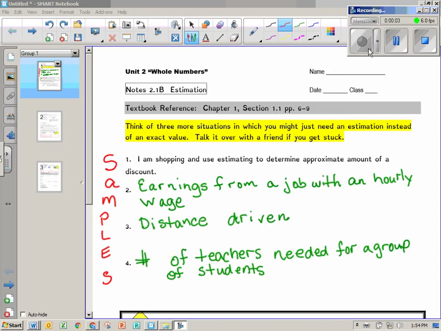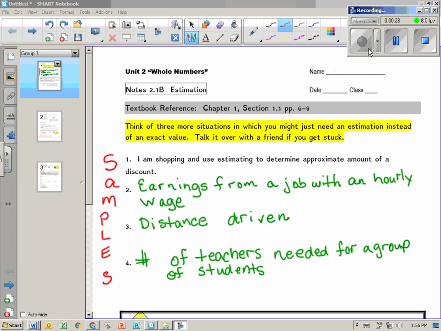Welcome to estimation. I've gone ahead and listed 4 possible situations where you might need an estimation versus an exact value. Talked about shopping, approximating a discount. If I earn an hourly wage and I want to estimate my earnings for the month or the week.